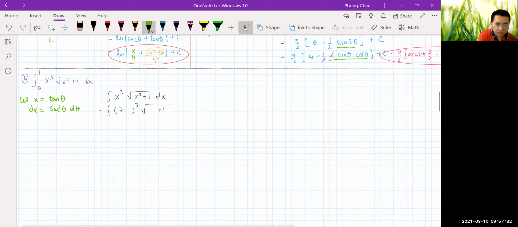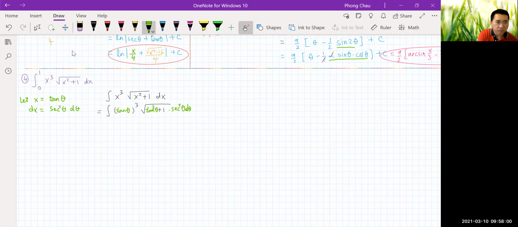So we have tangent of theta, and we have a tangent squared here, right? And we also have the secant squared d theta there.